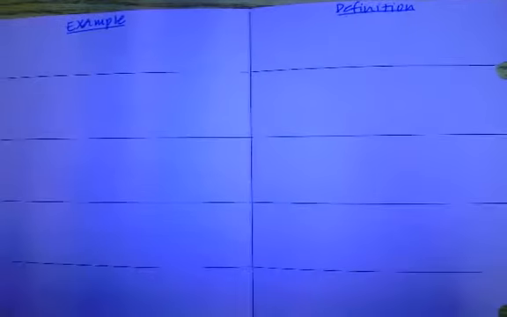Okay, first word that we are looking at is induction, okay? Induction or inductive reasoning. You could see it either or, okay?